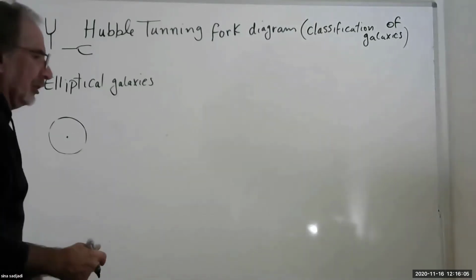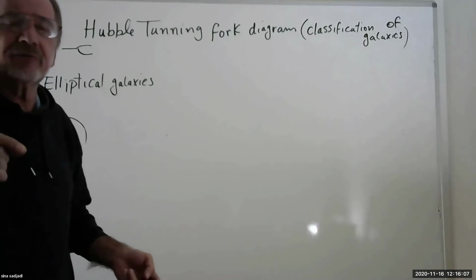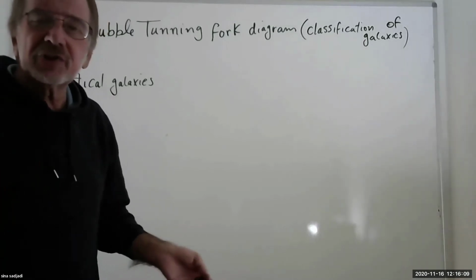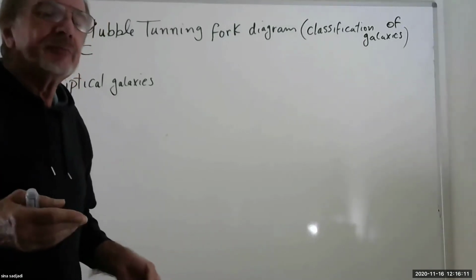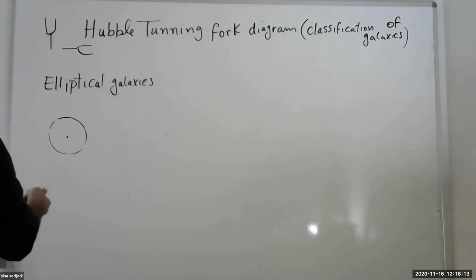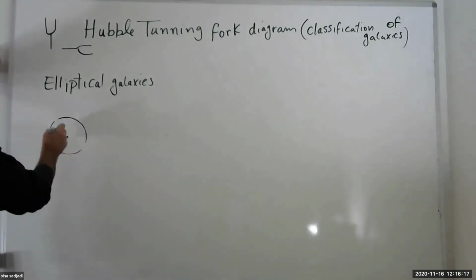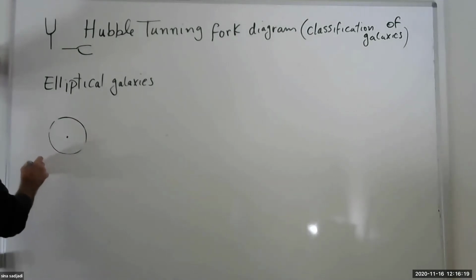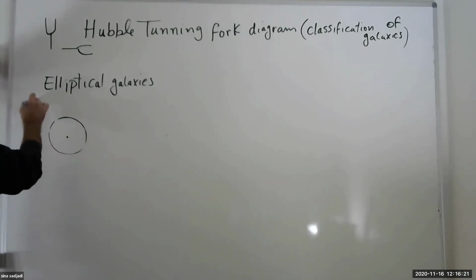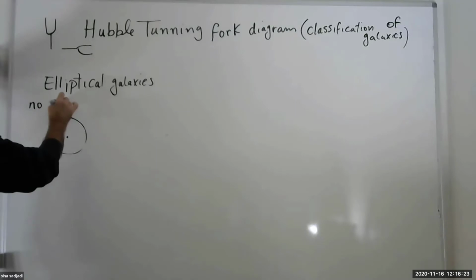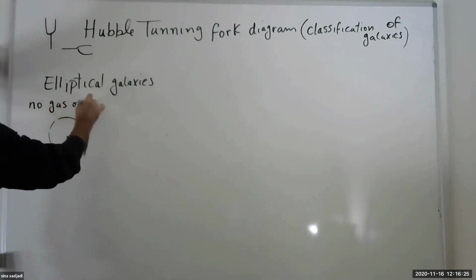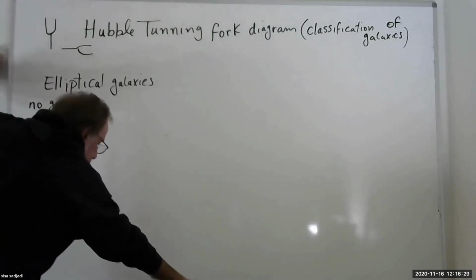And if there are any little tiny M stars that take forever to evolve, we don't see them because they're so faint. But what we do see, lots of red giants and red supergiants. So there's a lot of stars with no gas and no dust. So these guys have no gas or dust.